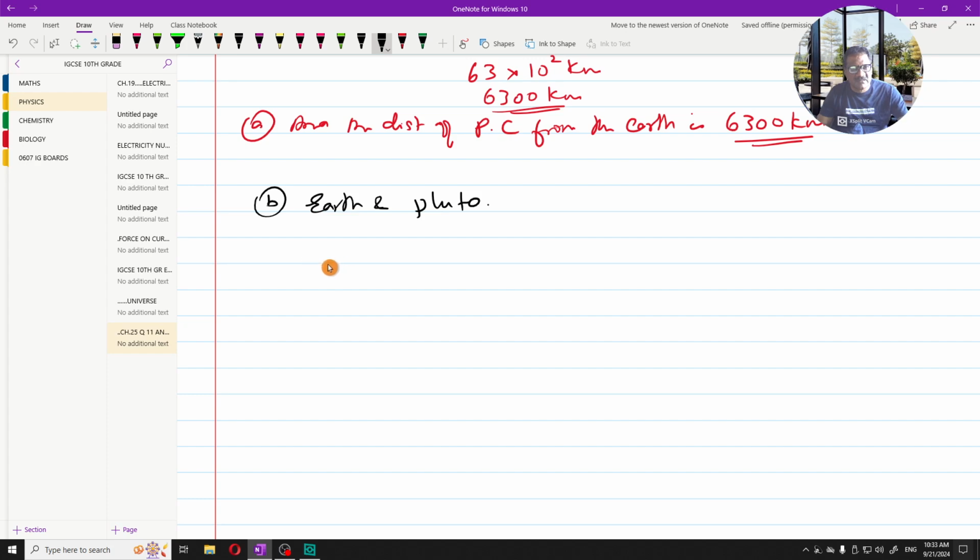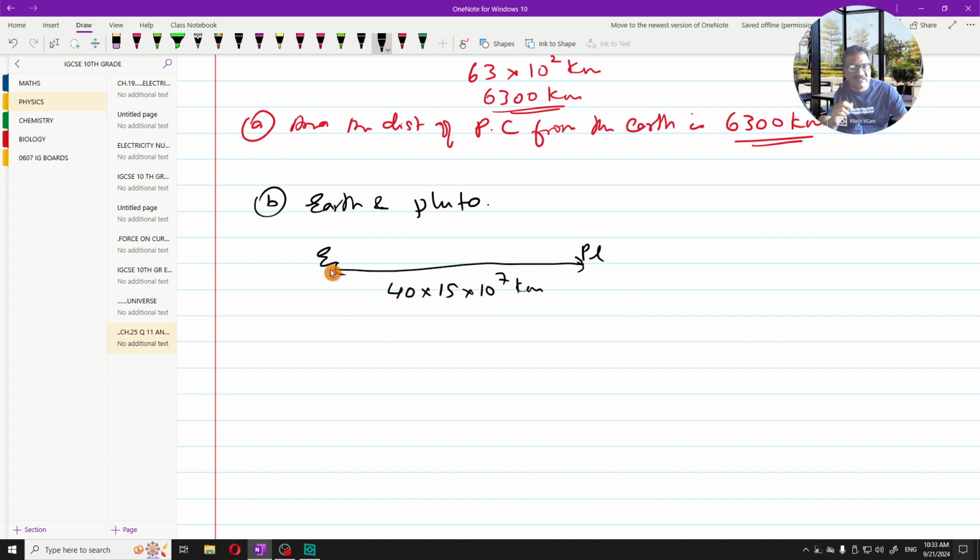Now this is Earth and suppose this is Pluto, right? The actual distance between Earth and Pluto is something you should know, and all these figures you will find in your textbook, in your course book. The actual distance between the Earth and the Pluto happens to be 40 times the distance between the Sun and the Earth, which is 15 into 10 raised to 7 kilometers.